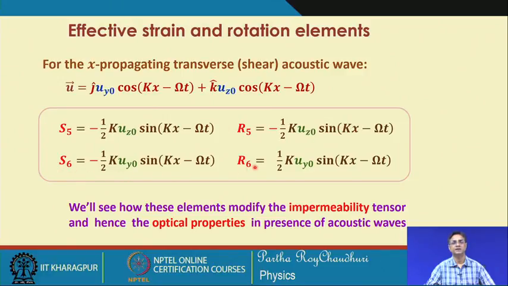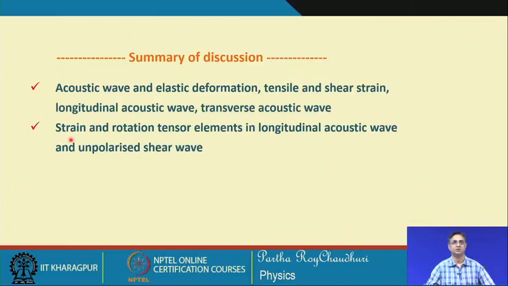Then we will consider the propagation of a shear acoustic wave in a medium with y polarization and z polarization when it is propagating along the x direction and so on. And then we will see how these refractive indices are changing periodically. The change is also travelling in the medium with the speed of the acoustic wave.